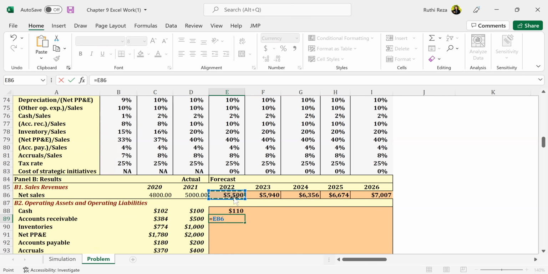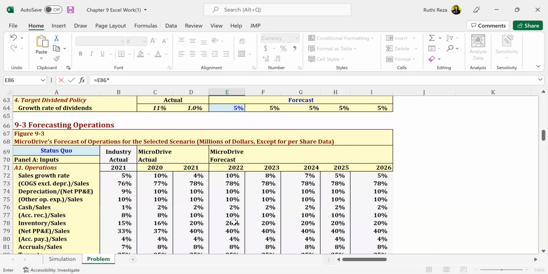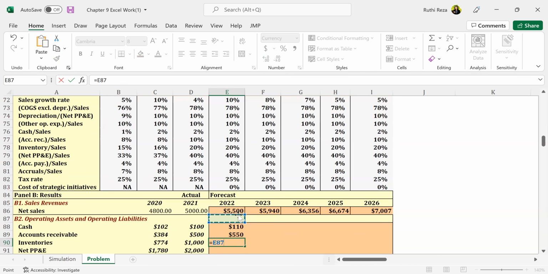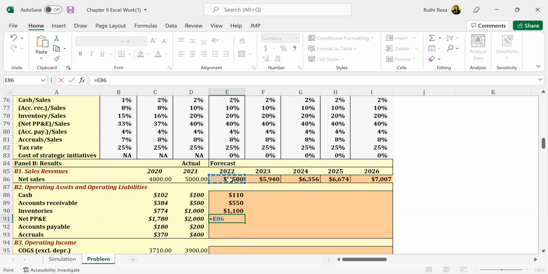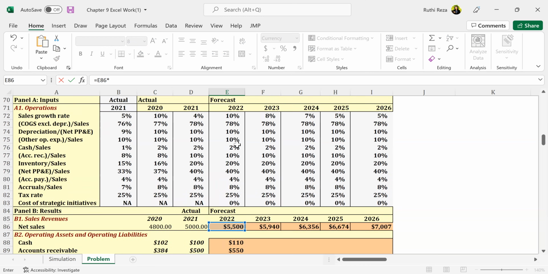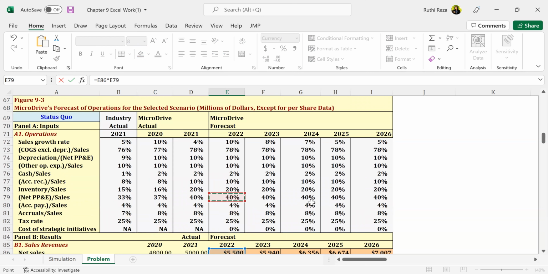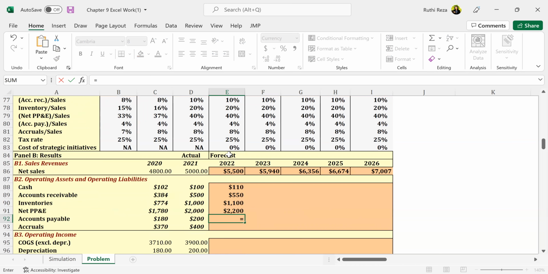Then our accounts receivables is expected to be 10% of total sales, and then our inventories is expected to be 20% of total sales, and then our net PPE is expected to be 40% of total sales, and then our accounts payables is expected to be 4% of total sales, and then our accruals is expected to be 8% of total sales.